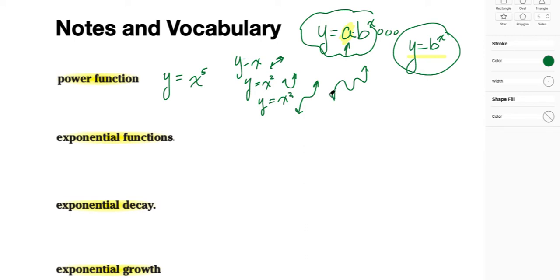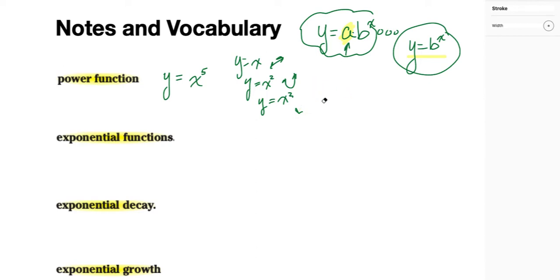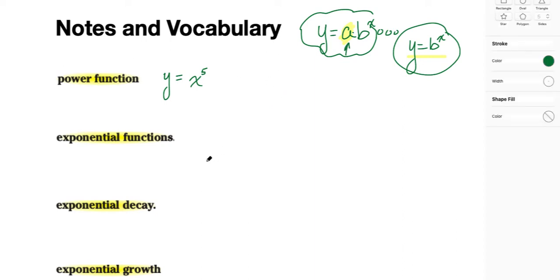So this is considered a power function, the simplest of the polynomial functions in a sense. A power function has x being raised to a power, while an exponential function has a positive number that's not 1 being raised to the x power.